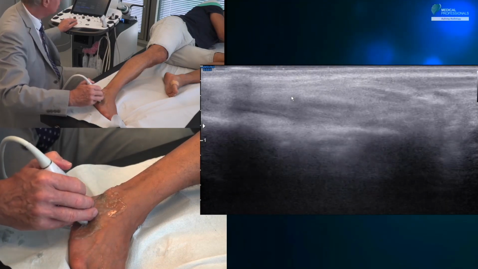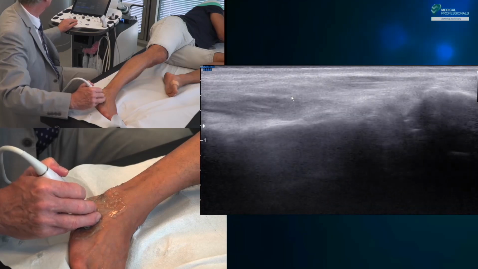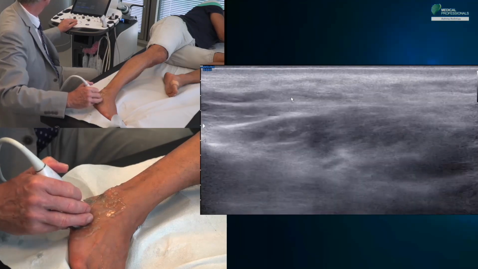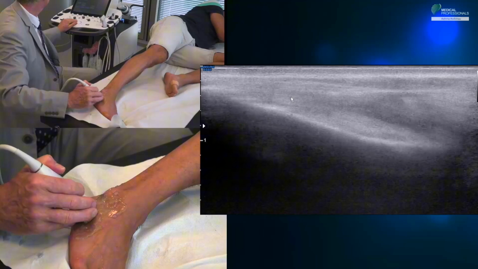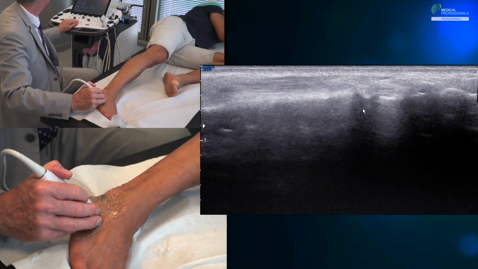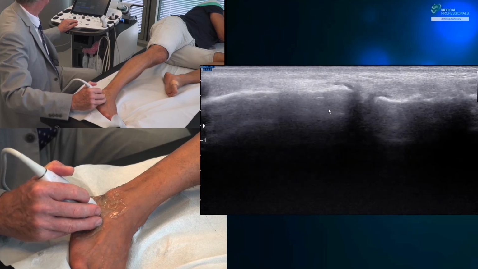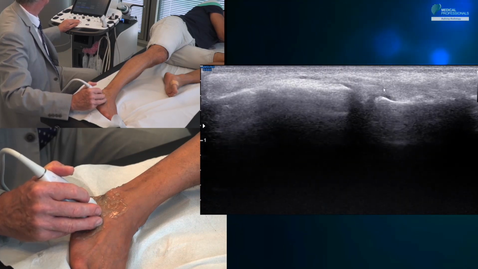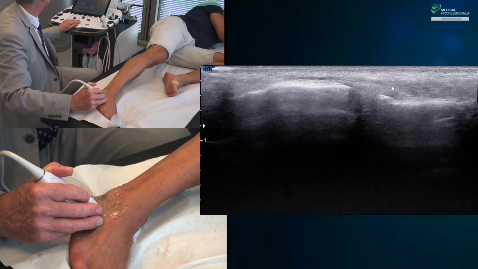More distally, the calcaneocuboid ligament can also be seen. To do this, we locate the space between the cuboid in front and the calcaneus behind, and we look for a fine fibrous structure on the surface of this space.